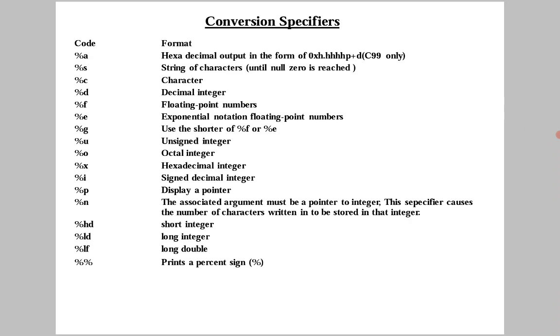Similarly for character data types we use %c, for floating point numbers we use %f, for long data types we use %lf or %ld. For unsigned data types we use %u. So all these are different codes used for different data types in C programs, and they are called control string characters.